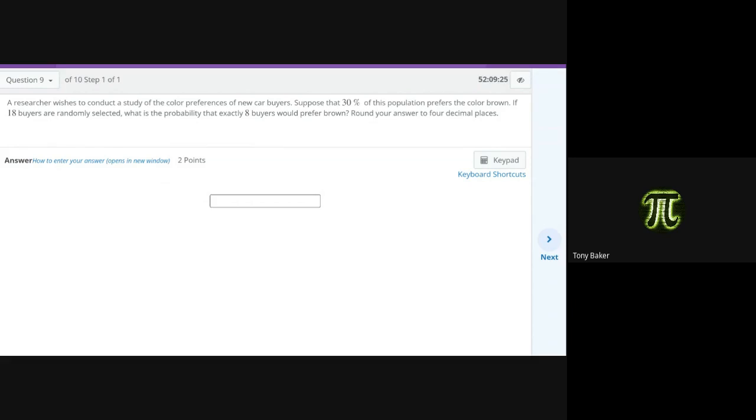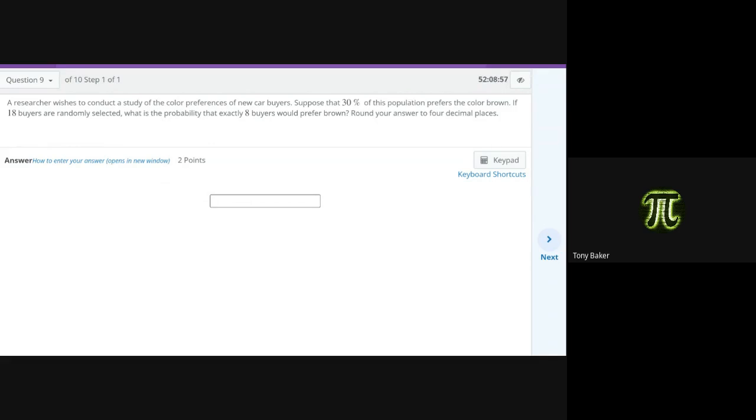This is the binomial one. 18 buyers are randomly selected. What's the probability that exactly 8 buyers would prefer brown? So this is that formula, nCr, and then p raised to the r times 1 minus p raised to the n minus r.